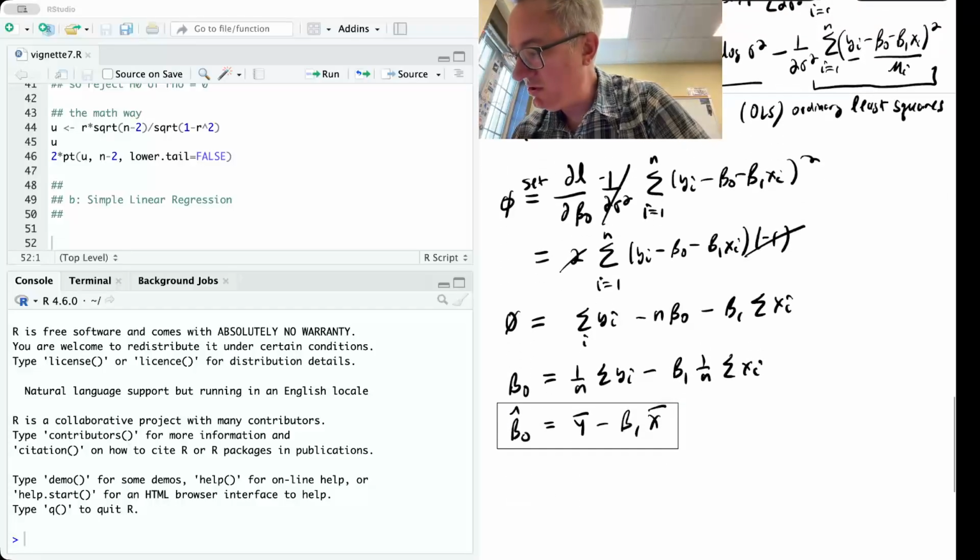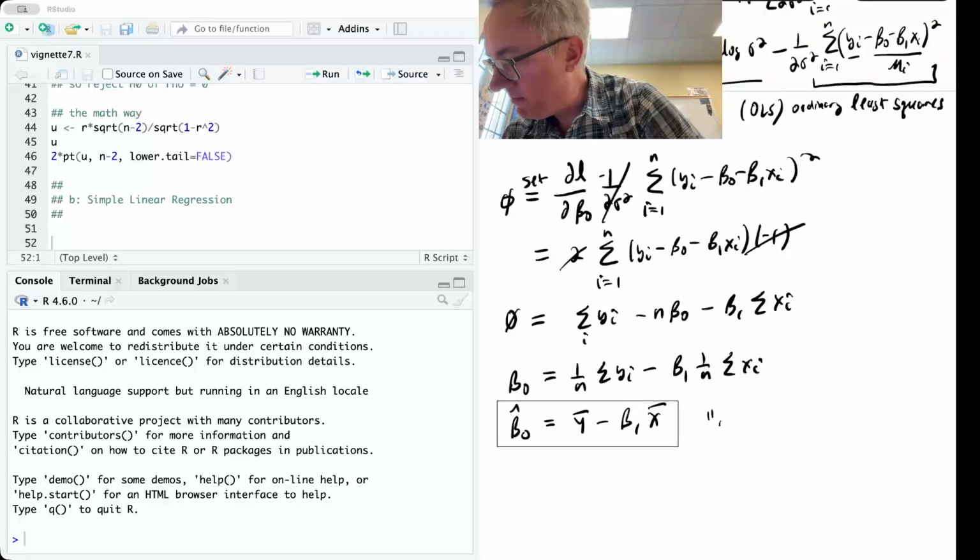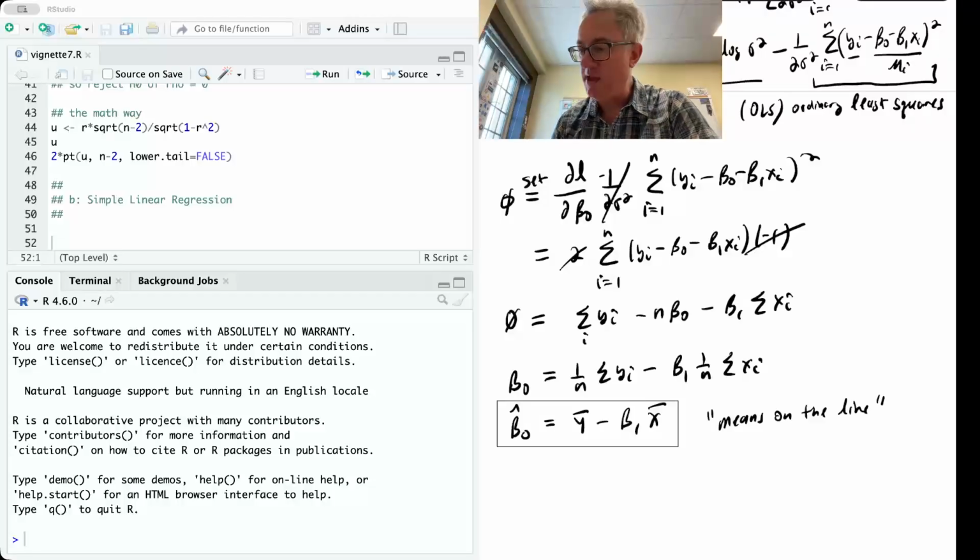My interpretation of this, I call this the means on the line estimate in the book, because if you pick a slope beta 1, I'm going to show you how to estimate beta 1 by MLE in a second, but given that value of the slope, you want your intercept and your average y value and your average x value to be a point on that line.